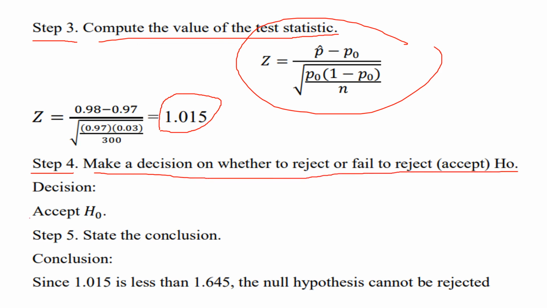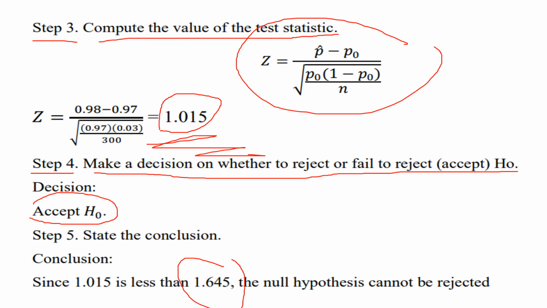So for step number 4, make a decision on whether to reject or fail to reject your H0. Our decision is to accept your H0. Why? Because 1.015 is less than 1.645. We say that this value will fall on the non-critical region. Your positive 1.645 here serves as a separation between your critical region and your non-critical region.